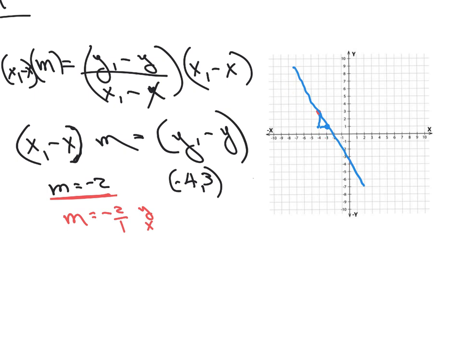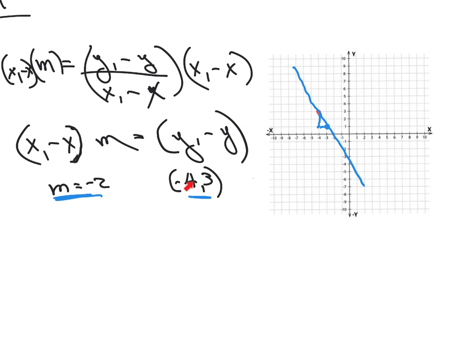But what they want us to do is find the equation of the line. Given that information, this is all the information they gave us, we can find the equation of a line. So we can decide what we want this negative 4, 3 to represent.